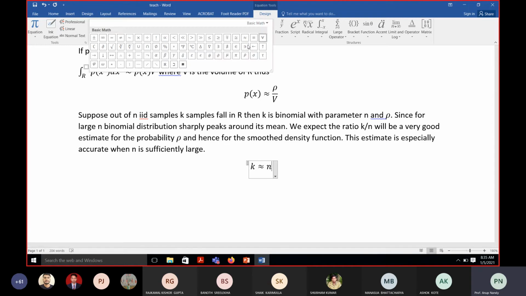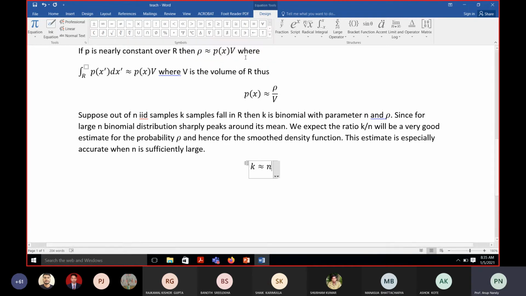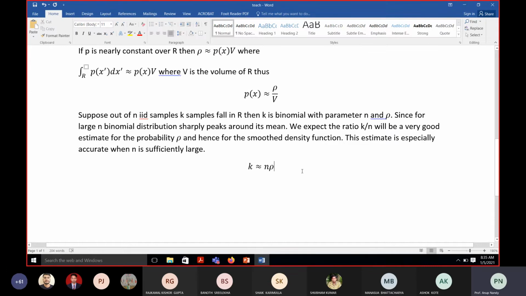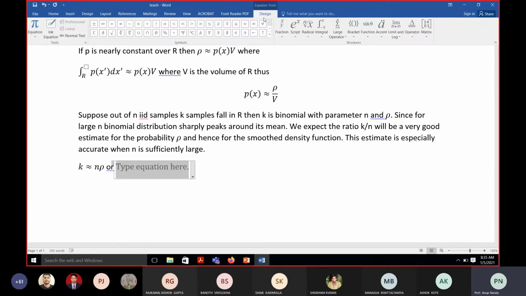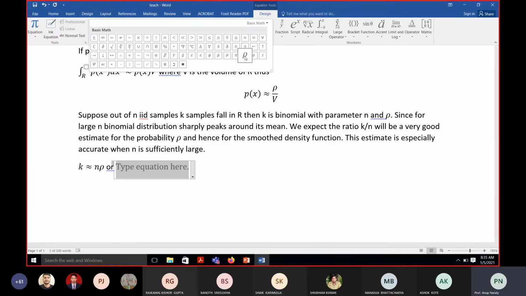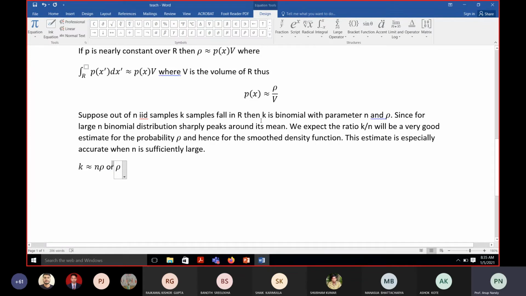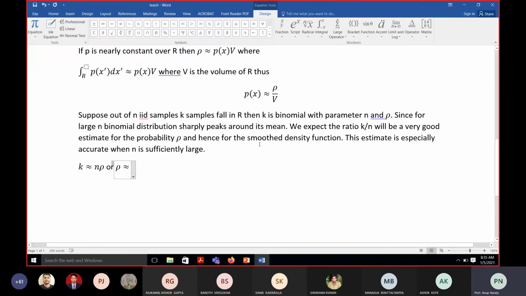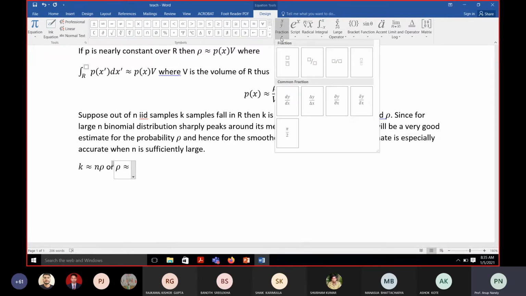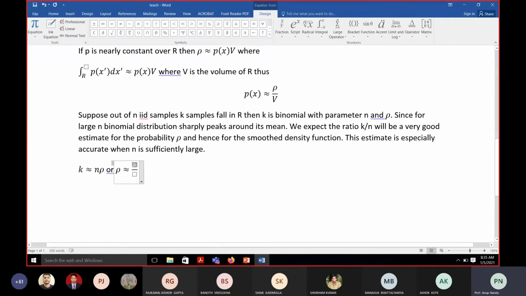Or rho is closely approximated to k by n. That is what you can use, k by n.